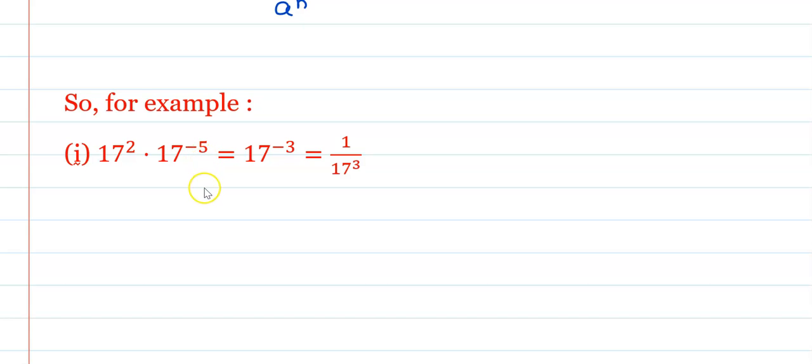Now to solve this, we can write this as 17 raised to 2, it has a minus sign. Okay, the bases are the same, and it is a plus in bracket minus 5. And when this happens, that is 17 to the power 2 plus minus 5, that will become minus, and therefore here you will have 17 raised to minus 3.